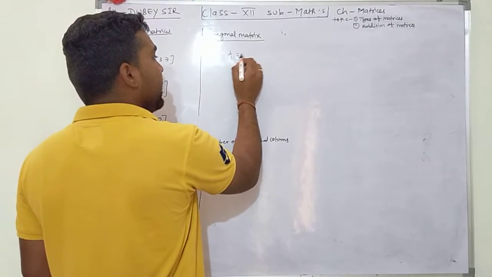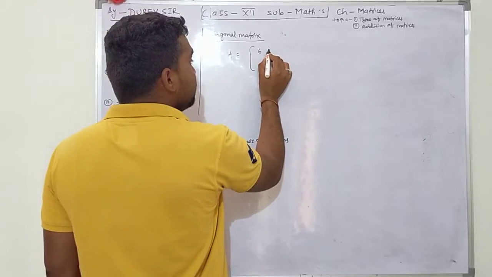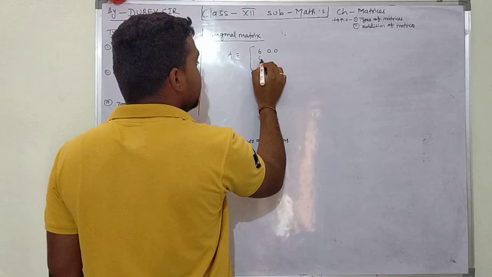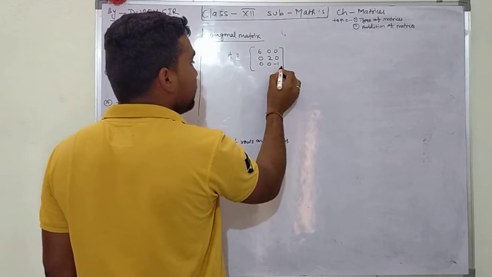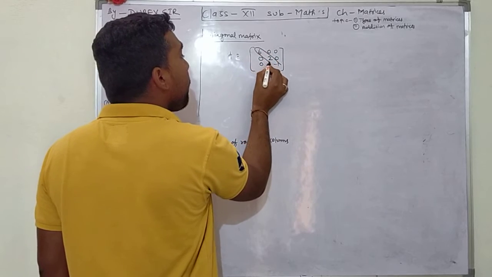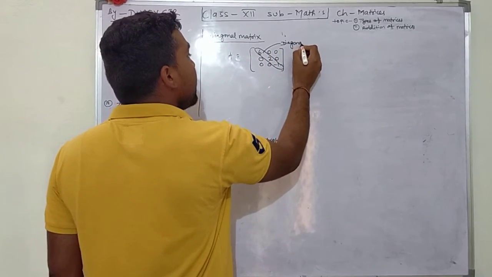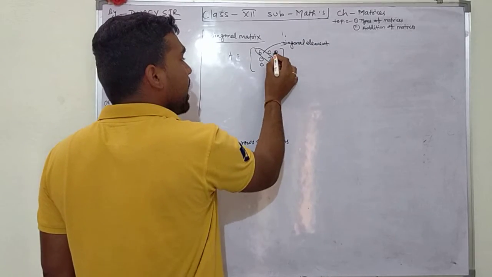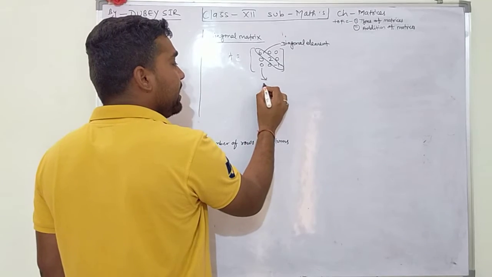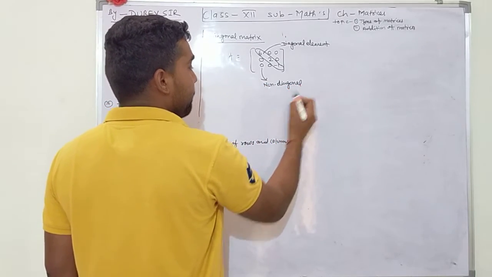For example, A is a matrix of 6, 0, 0, 0, 2, 0, 0, 0, -1. These are called diagonal elements, and these zeros are called non-diagonal elements.